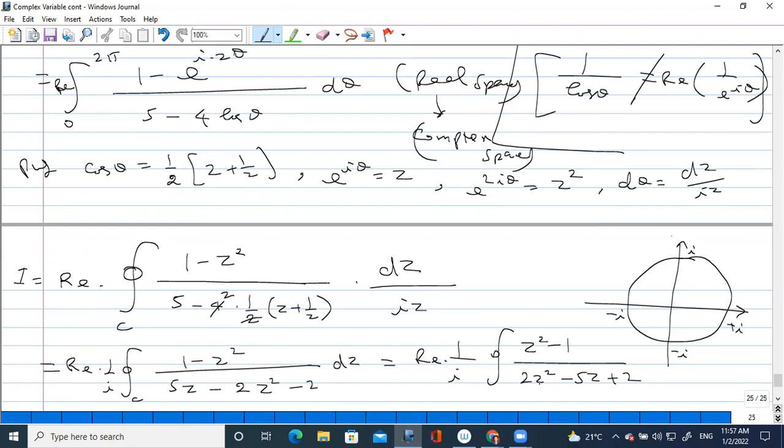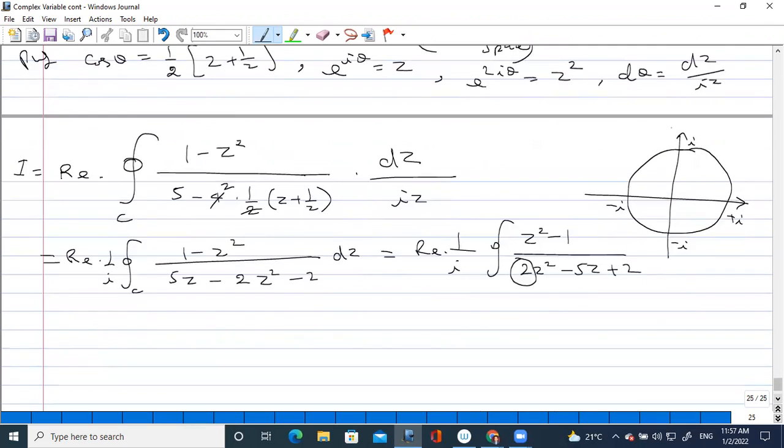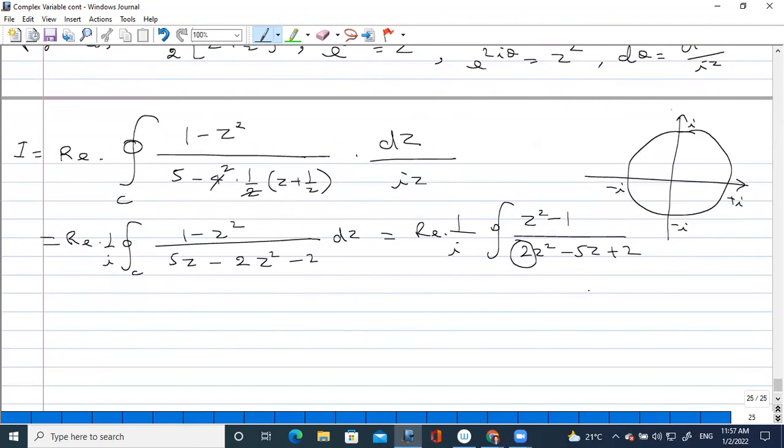Now I told you one day that this coefficient I always want to be 1. I have to make it 1 here only. Then only I have to find out the poles. Understood? Otherwise your answer will be wrong. If you are doing the same method, meaning this complete denominator you put equal to 0 and find out the pole, that method will be wrong. Always make the coefficient 1. So here only you have to take it common.